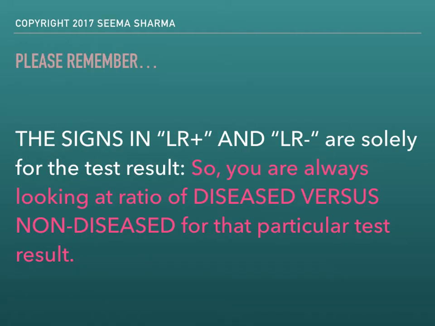Please note that when we talk about a positive likelihood ratio and a negative likelihood ratio, the positive and the negative refer to the test result. But you are always dealing with a ratio of diseased versus non-diseased. So a positive likelihood ratio is a ratio of diseased positive versus non-diseased positive.